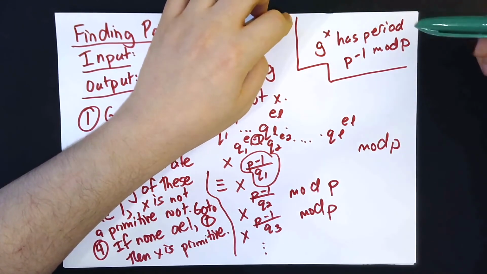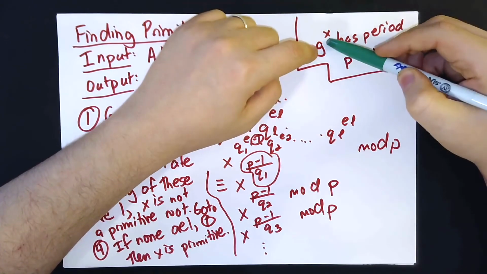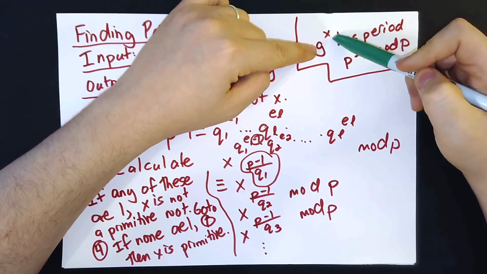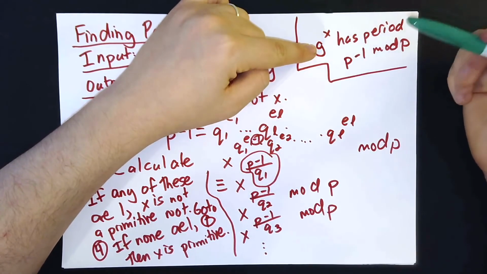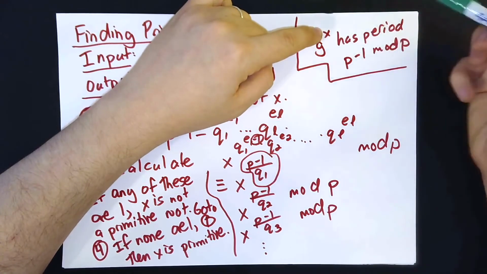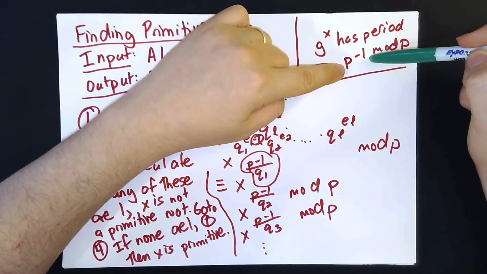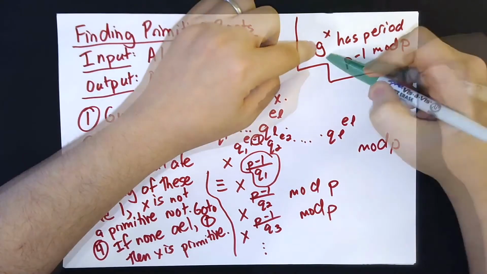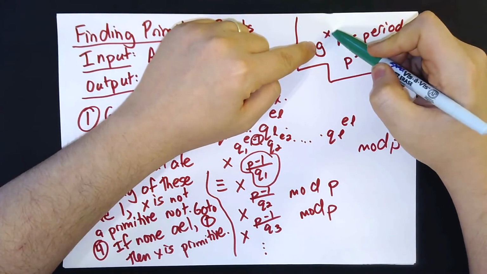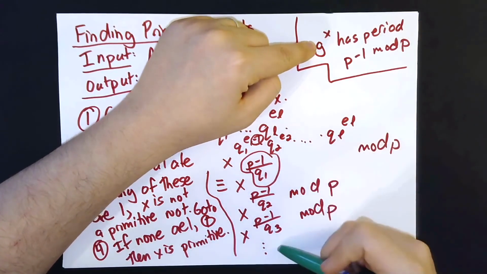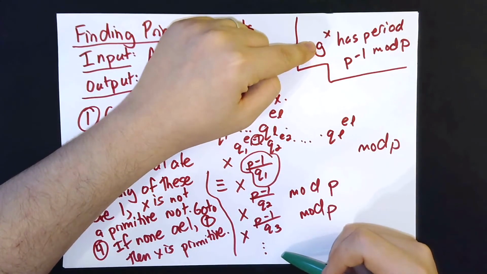Now, what you notice eventually, that saves you a little bit more work than just checking all the divisors, is that, in fact, if you check the maximal divisors, that is, the divisors of p minus 1 that are missing only one prime factor, that's enough. Because if g to any divisor of p minus 1 is equal to 1, g to one of these divisors will be equal to 1.